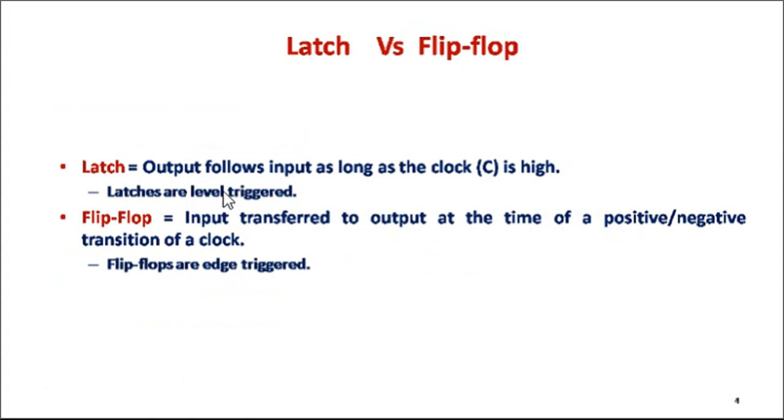Latches are level triggered and flip flops are edge triggered. Level means 0 level, 1 level, and edge means whenever the transition goes from 0 to 1 or 1 to 0. Output follows the input as long as the clock is high, and input transfers to output at the time of positive or negative transition of the clock.